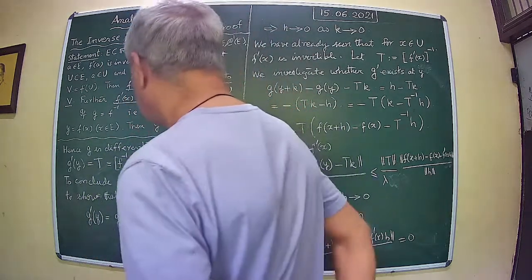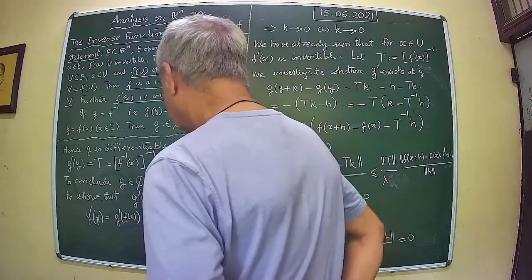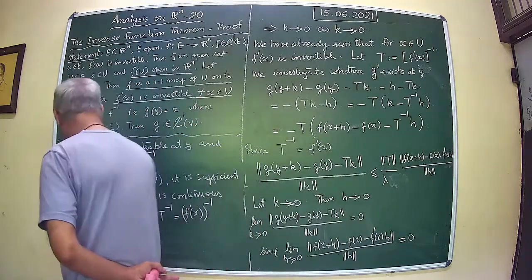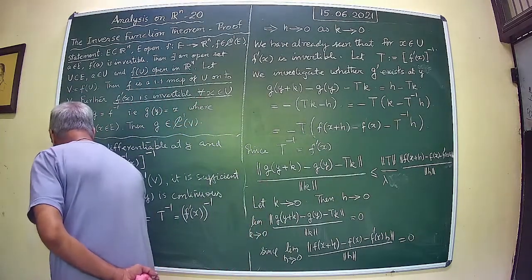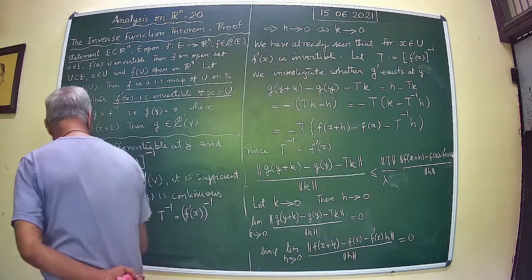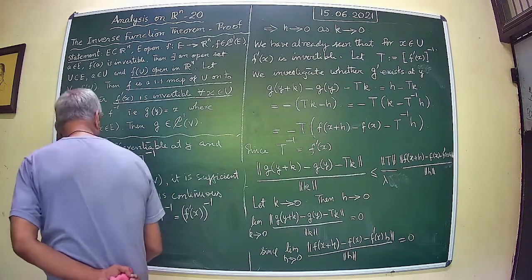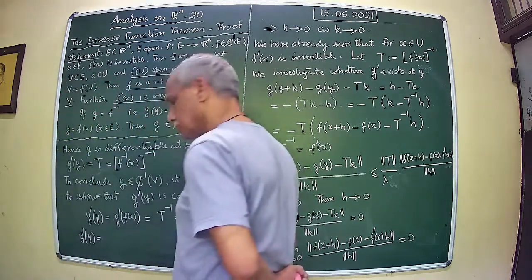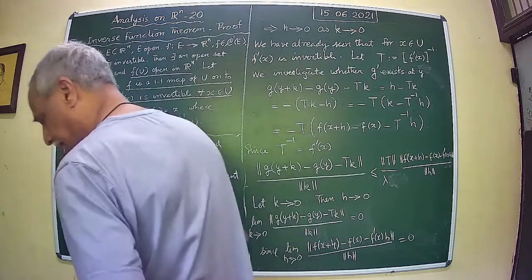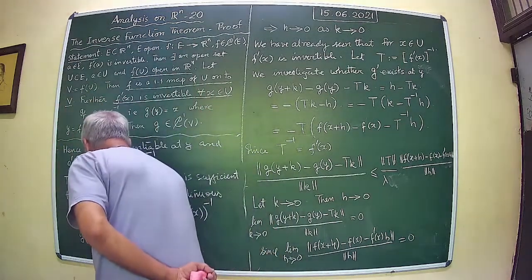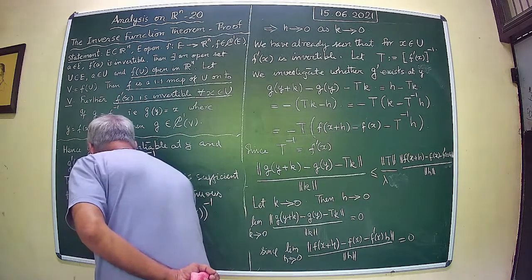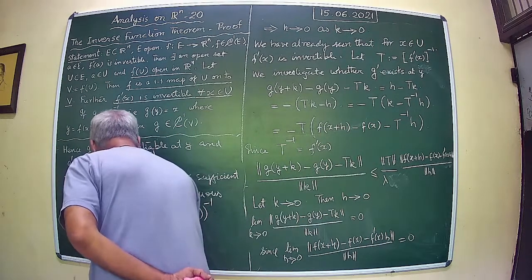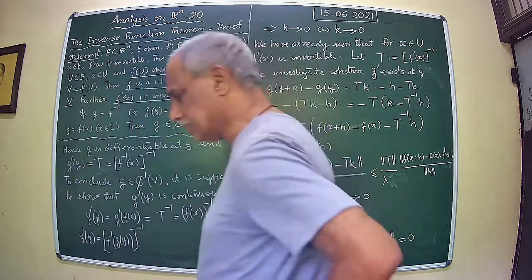This is what you have. So let us work this. So what is g derivative of y? G derivative of y is equal to f prime of gy inverse.